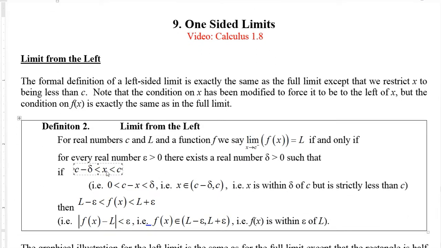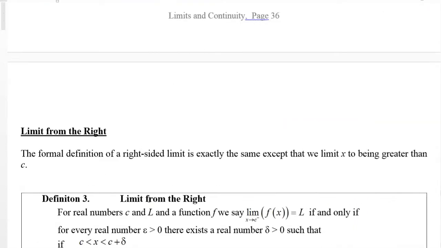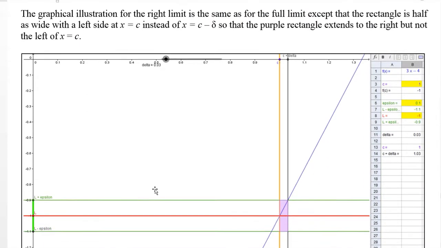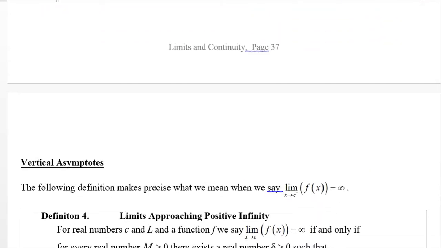It's just that you restrict the x values a little bit more for the left to be between c minus delta and c, and the condition on y is the same. From the right, we want our x to be between c and c plus delta, and then the condition on y is the same.